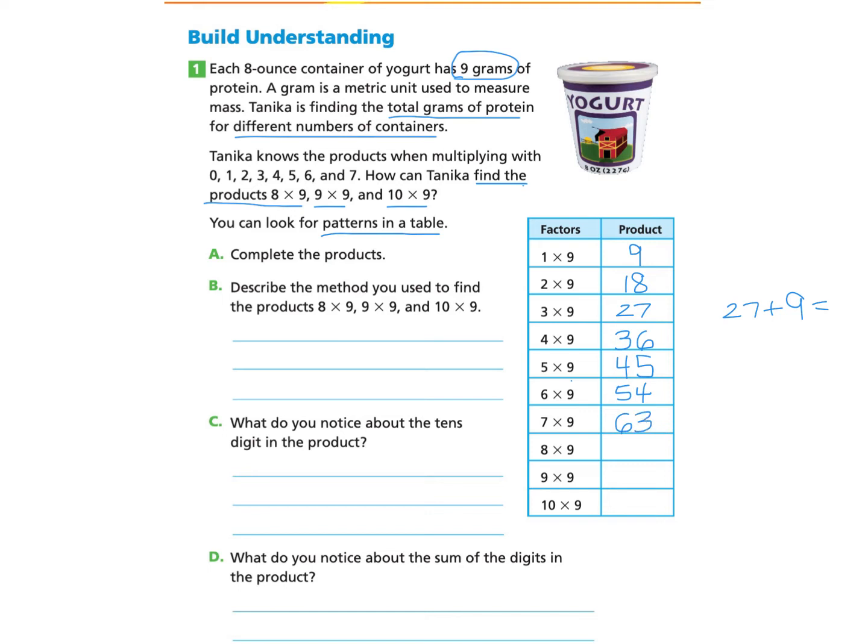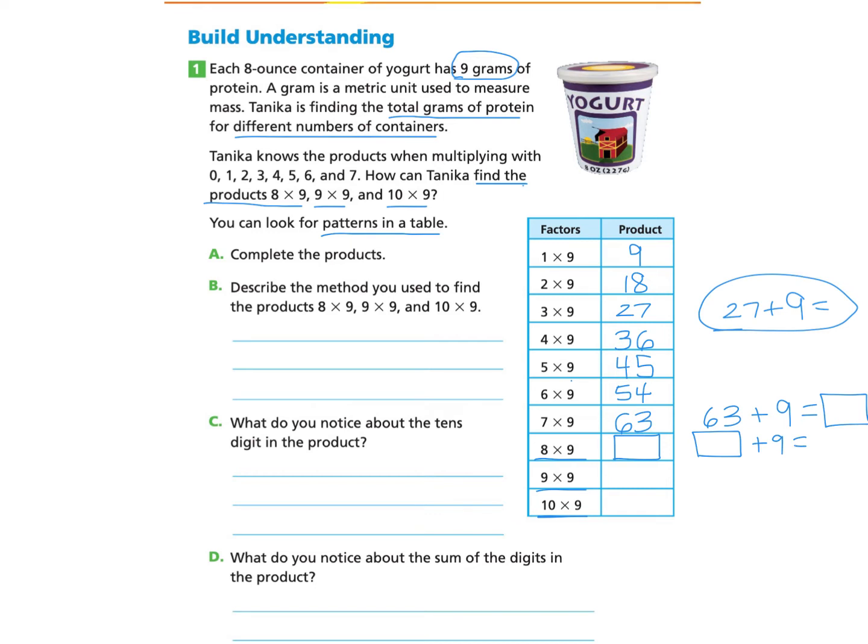And then remember, this is where Tanika stopped because she didn't know the products of 8 times 9, 9 times 9, and 10 times 9. So just looking over what we have here, and again, the strategy that we were using of adding 9 to each number, you could also pause this video and complete by starting from the 7 times 9 and adding 63 plus 9, and then whatever you get for that product, that would go here, and you could take that number and add 9 to that number, and just keep adding 9 to complete the table.